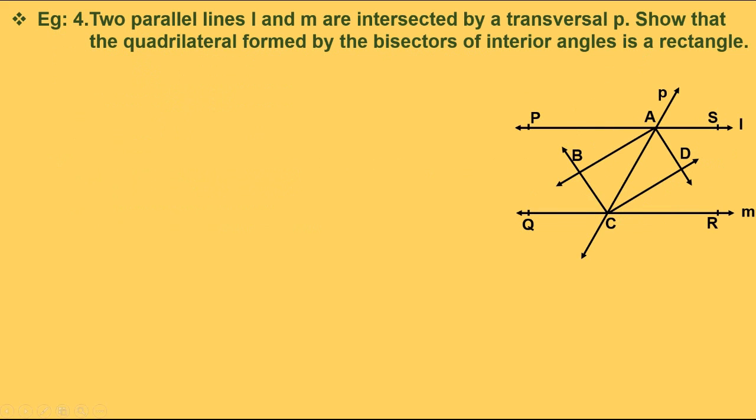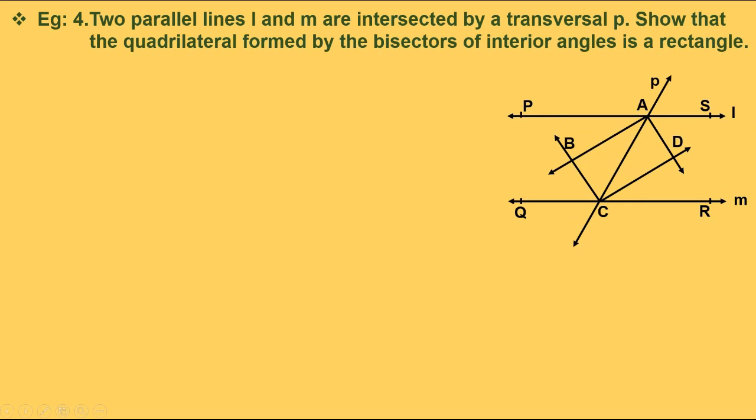Example 4. Two parallel lines L and M are intersected by transversal P. Show that the quadrilateral formed by the bisectors of interior angles is a rectangle. This is the figure given to us. Solution. Given PS is parallel to QR and transversal P intersecting them at A and C respectively.